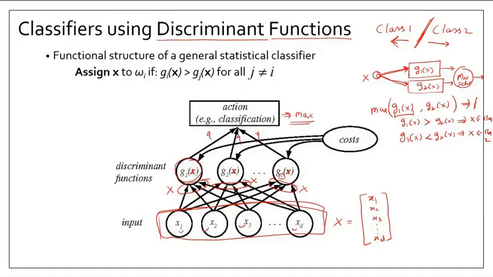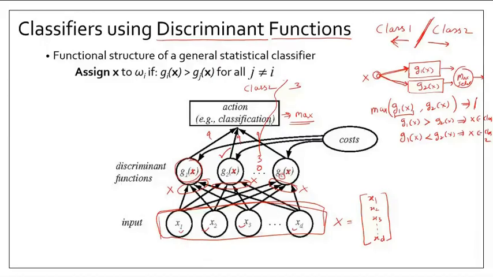Then you declare that node number as your output. If node 2 is the winner, then the output is class 2. If node 3 is the winner, you declare class 3. Like that we can discriminate different classes.